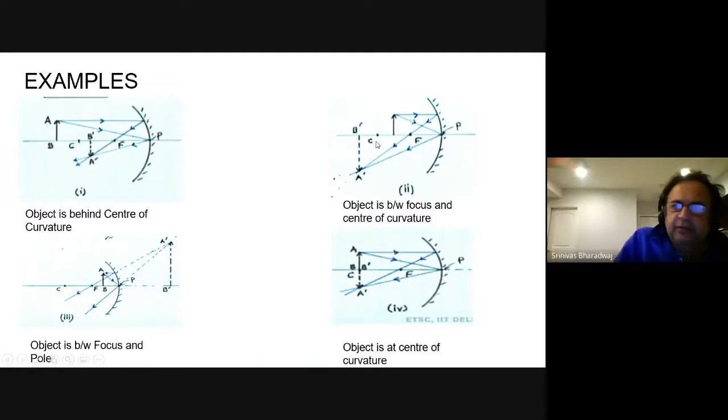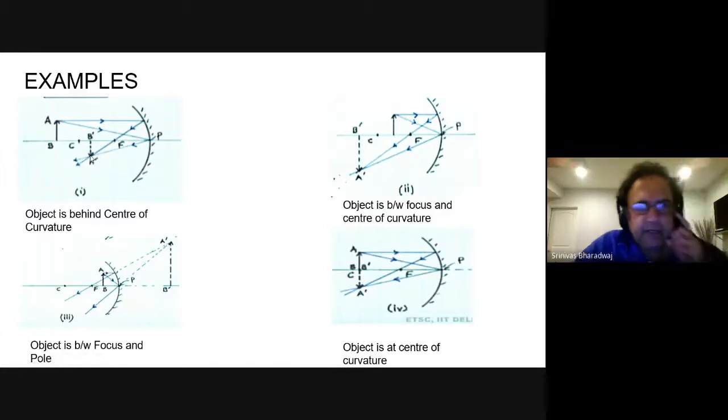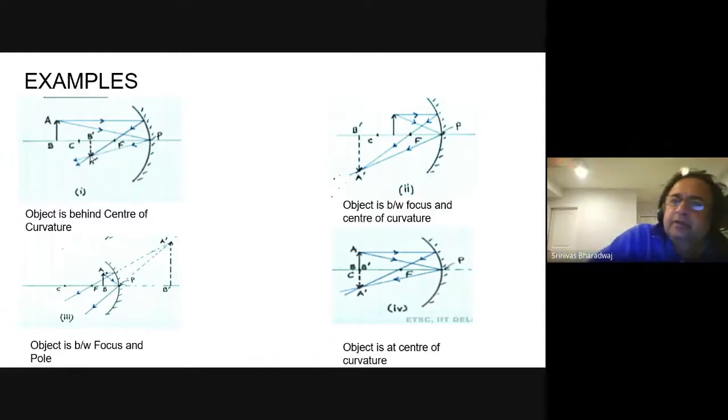Now, if it is between C and F, then it will appear to be behind you. If it is beyond the center of curvature, it will appear to be in front of you, inverted. If it is between the C and the F, it will be behind you, okay?